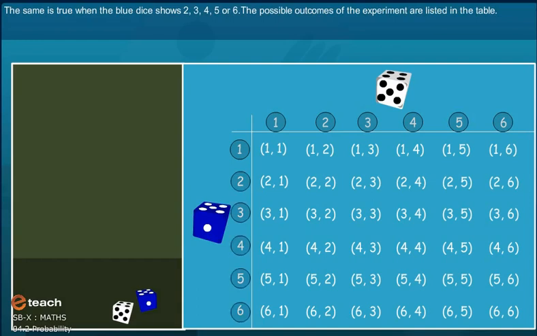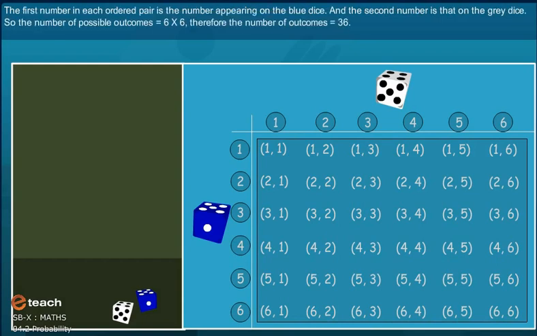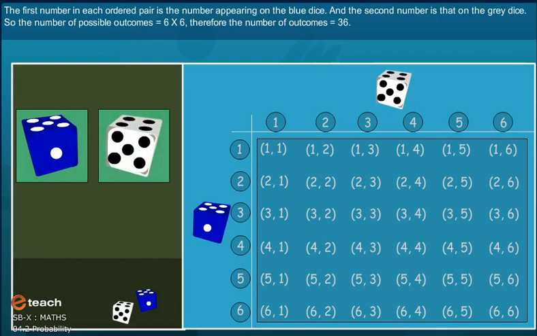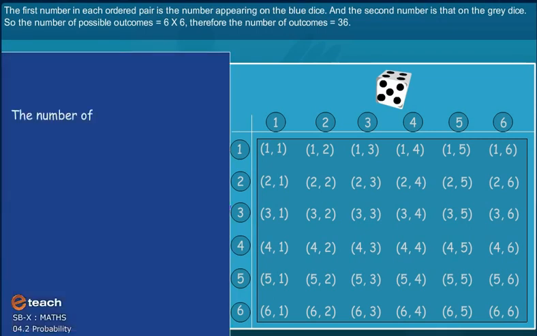The possible outcomes of the experiment are listed in the table. The first number in each ordered pair is the number appearing on the blue dice, and the second number is that on the grey dice. So the number of possible outcomes is equal to 6 into 6. So n(S) is equal to 36.